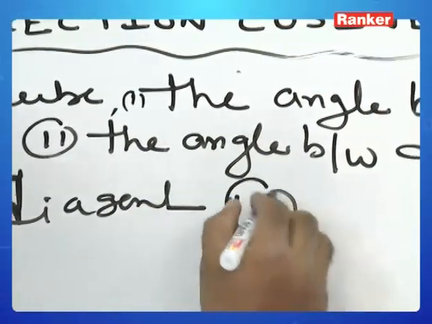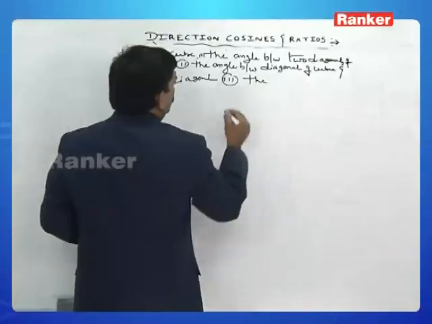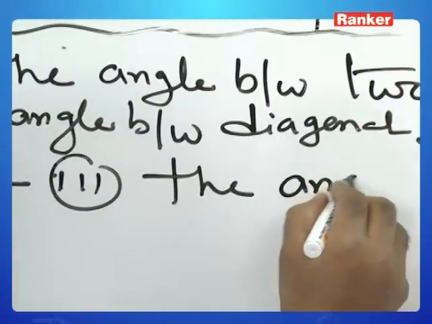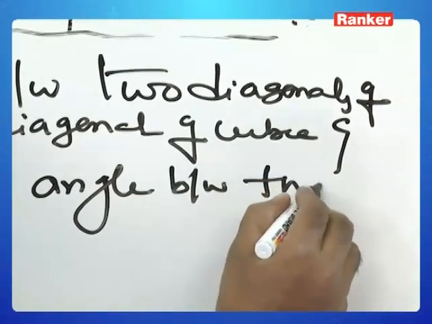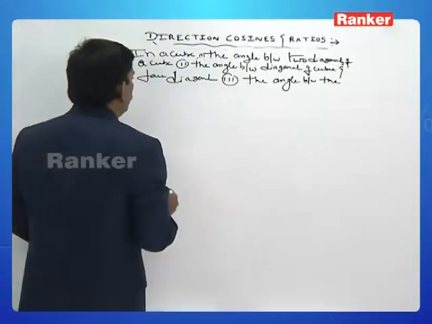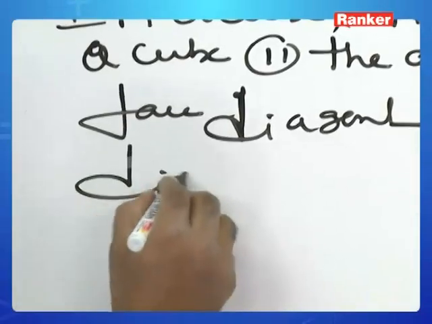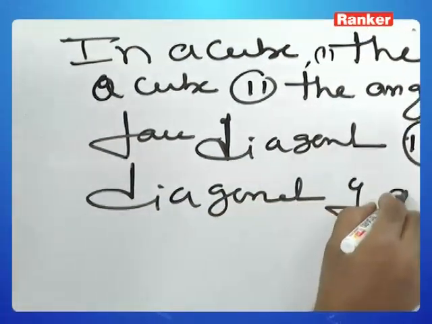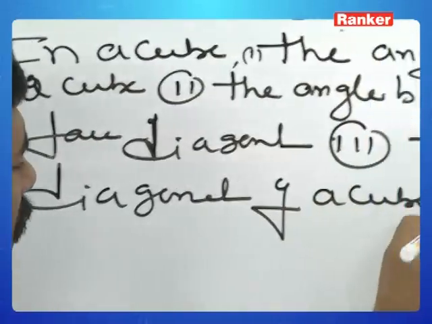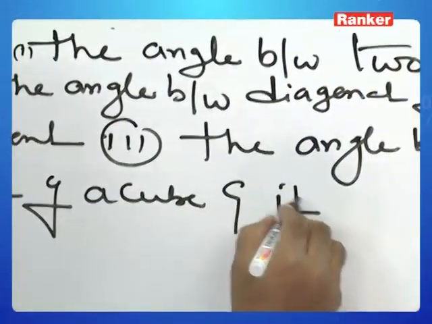Third one is the angle between the diagonal of a cube and its edge.